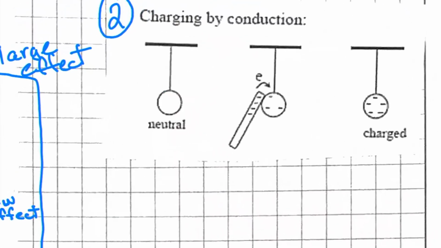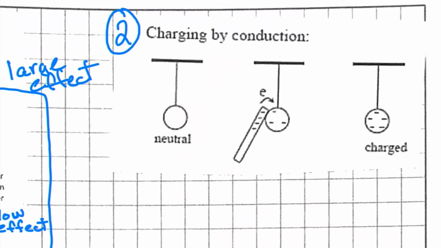Another way is charging by conduction. To charge by conduction, it works best with metals. You can kind of charge an insulator by conduction, but only a very small part of the insulator. So here, I'm going to make a note that this metal sphere and this metal rod are going to be metal conductors.